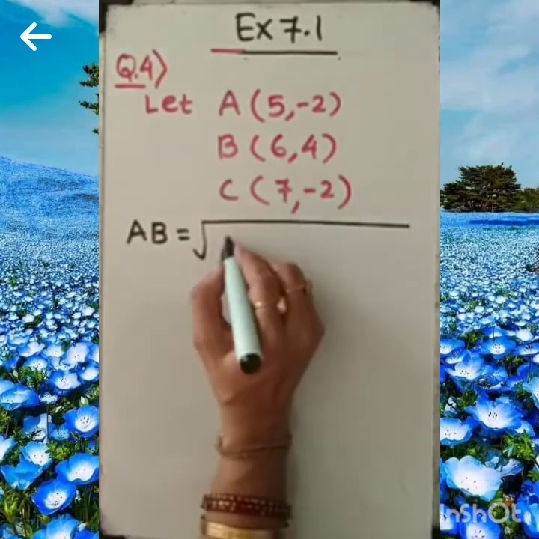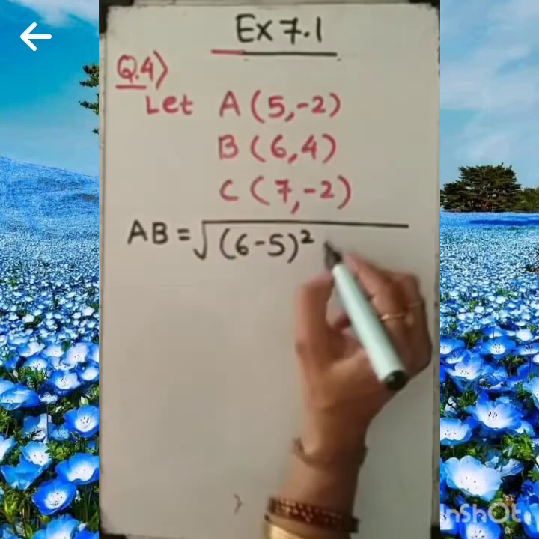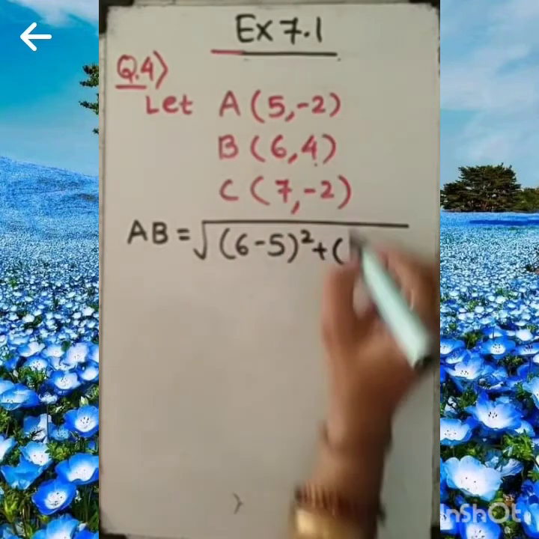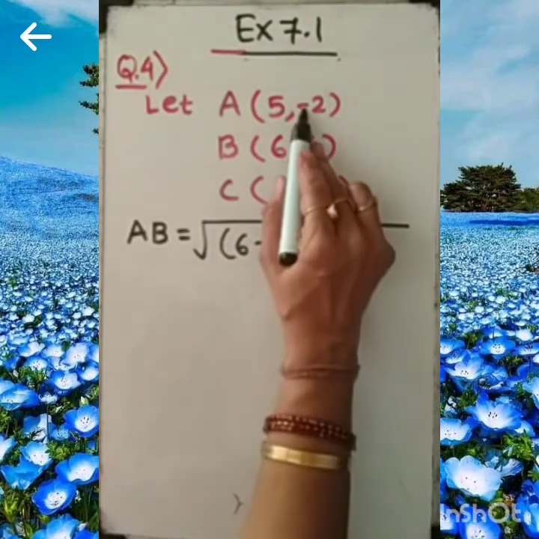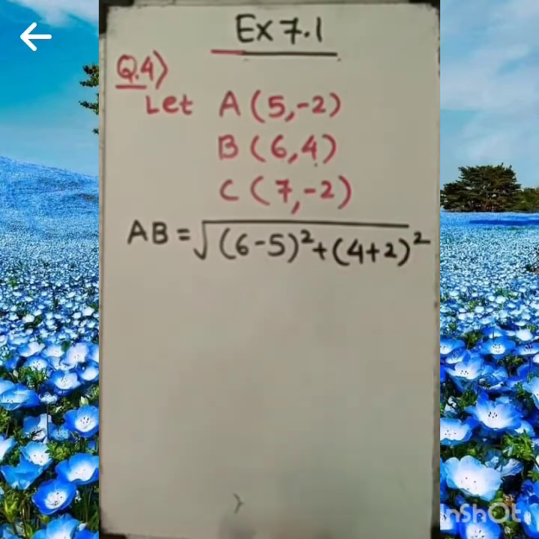Of course it will be (6 minus 5) whole squared, x2 minus x1, plus (4 minus (-2)) squared. As it is minus here, so minus plus, you know very well we are finding squares, but before that it is minus.